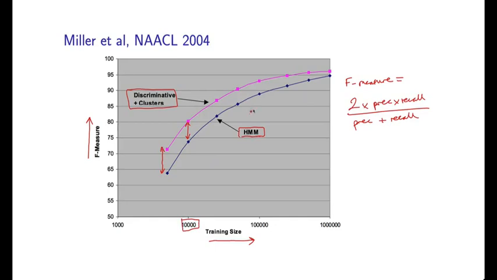Or if you think about it another way, if you want to achieve this level of performance, you would need this much data under the HMM, and you would need roughly this much data under the discriminative, rather the cluster-based model. And notice that this is on a log scale, so this is a pretty substantial difference. So that in itself is quite an impressive result.